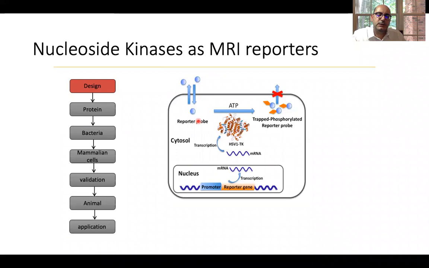In all cases, the HSV-TK, the herpes simplex thymidine kinase, is a viral enzyme that can phosphorylate thymidine. Thymidine is one of the building blocks of DNA. That's the T in the ACTG.